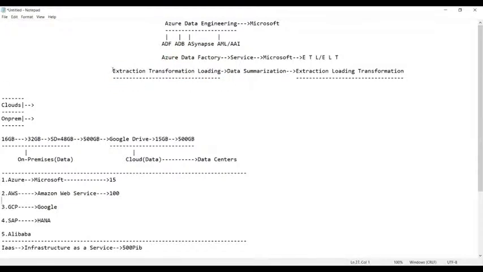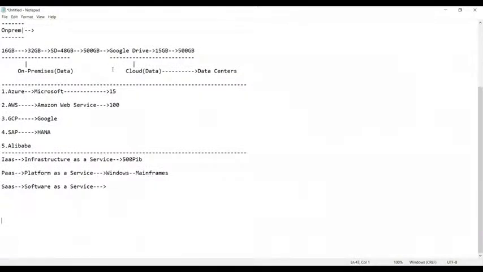Let's copy this, guys. I'm coming down here. Now I'll explain with a simple example. Extraction, transformation, and loading. Let us take an example here.